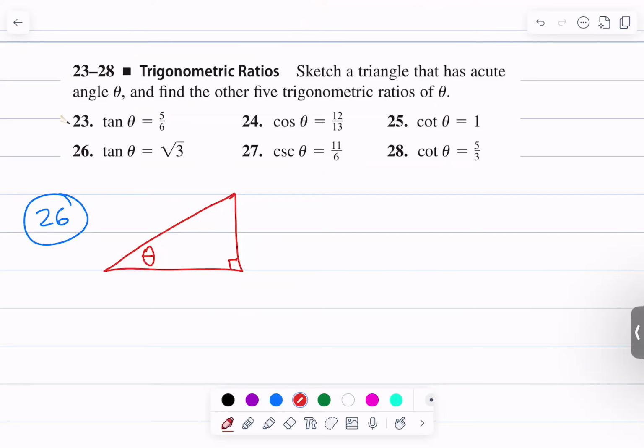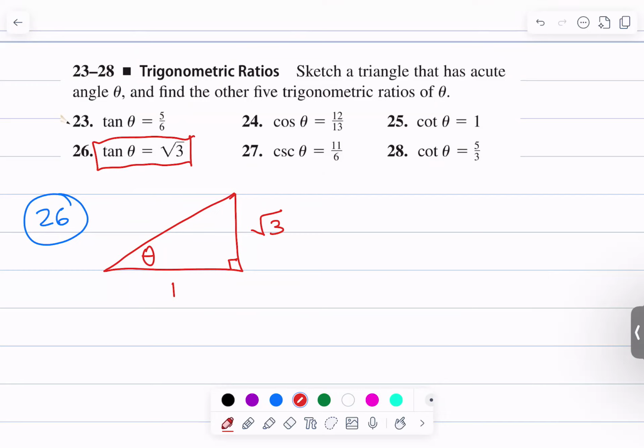Tangent is, what is tangent? Opposite over adjacent. So this is square root of 3 over 1, right? If the tangent of theta equals square root of 3, it's square root of 3 over 1. Automatically, I know what this side is.